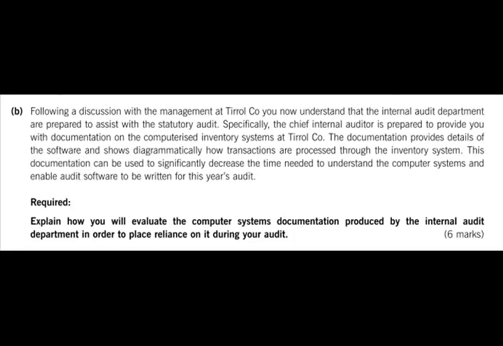First, I think it's fair to say that producing documentation on a computer system is a specialist's job. Does the internal audit department have the expertise? Is there anyone there with IT experience who is capable of producing appropriate documentation, for example, file layouts and program flowcharts?